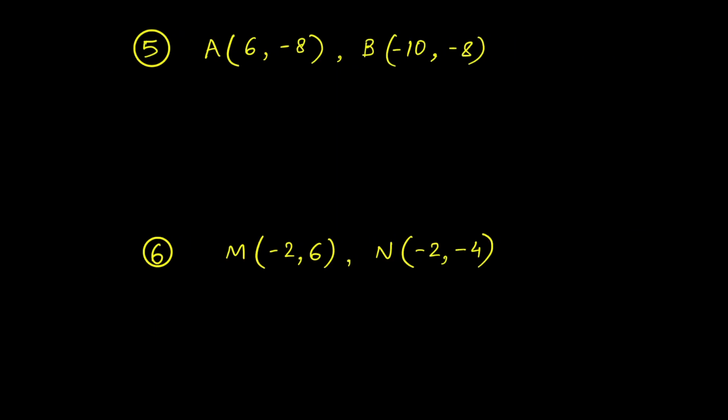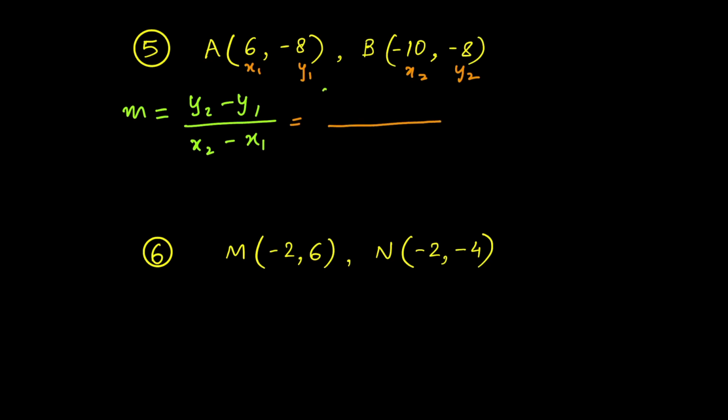Now the next example, so A and B, again 2 points given. So we write the formula. So m is equal to y2 minus y1 over x2 minus x1. And we mark these points. So first one x1 y1 and the second point as x2 y2. So as we discussed earlier, we'll just put the brackets and then write the corresponding values. So it is minus 8 and minus 8.